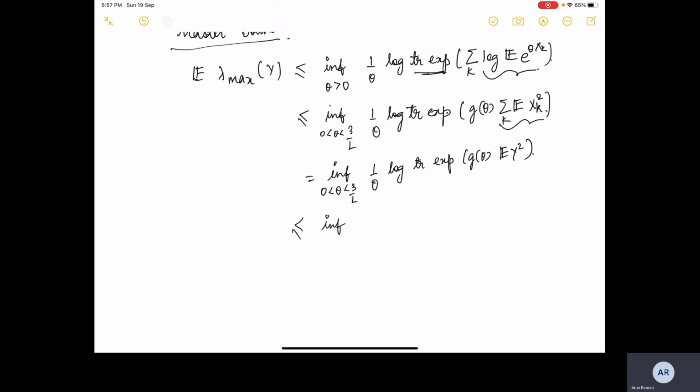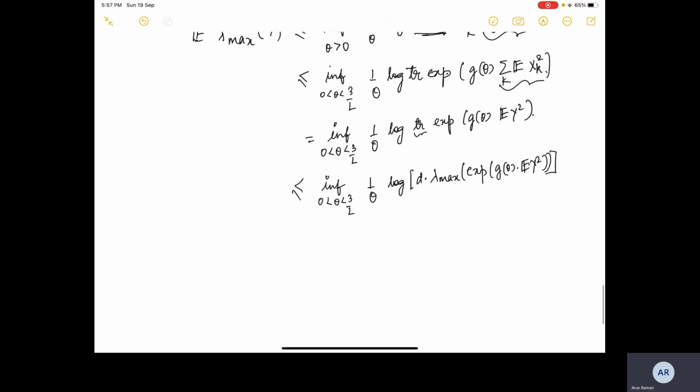We replace the trace by d times lambda max. So, for theta between 0 and 3 by L, 1 by theta log of d times lambda max of exponential g theta expected value of Y square. We saw this in the previous proof as well.